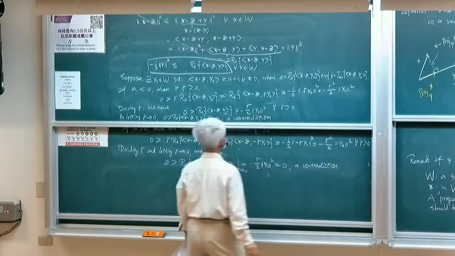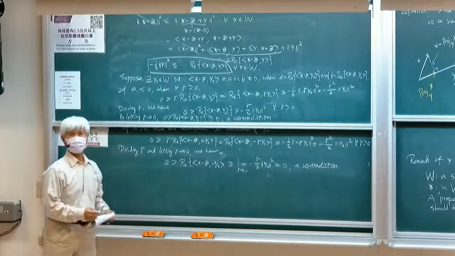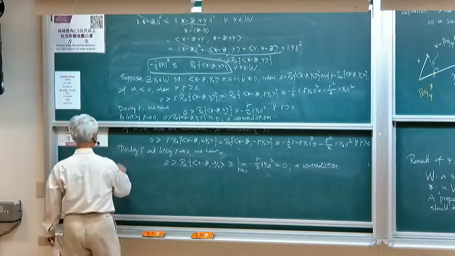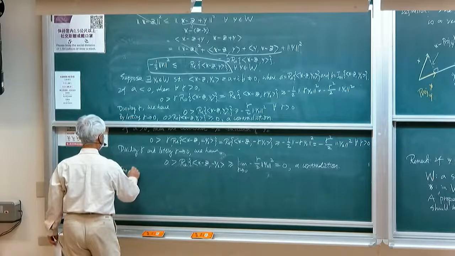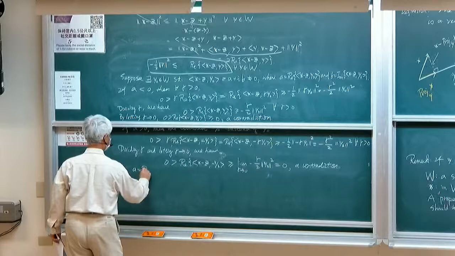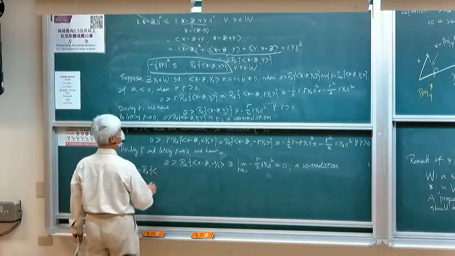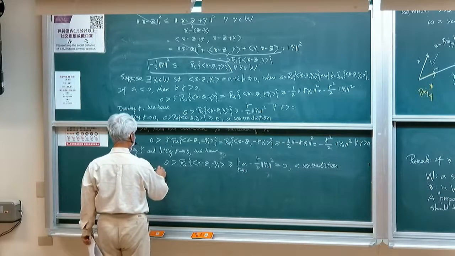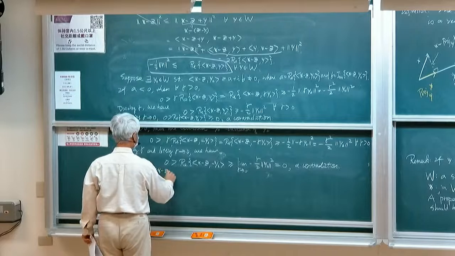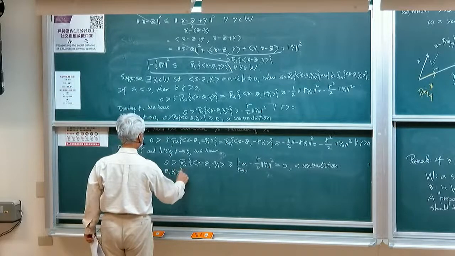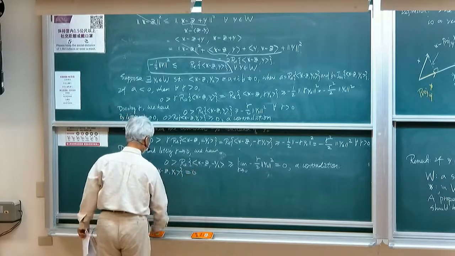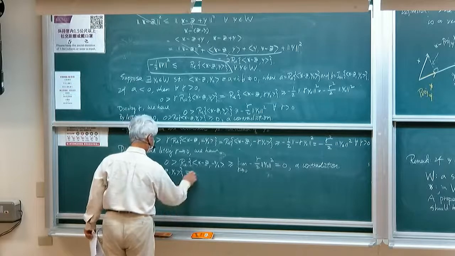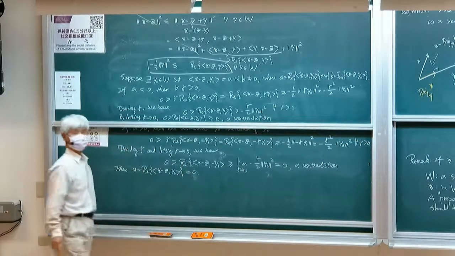All right, so this is the second contradiction. All right, so thus a, the real part of x minus z, y0, must be 0. Okay?